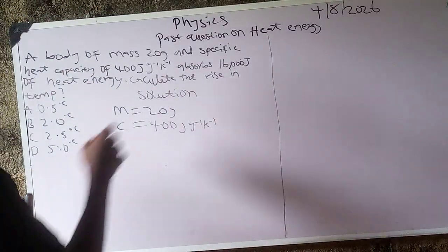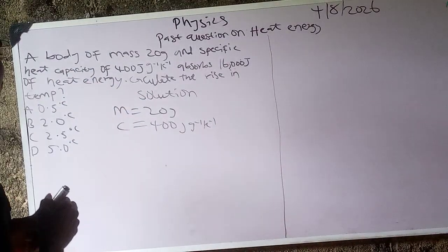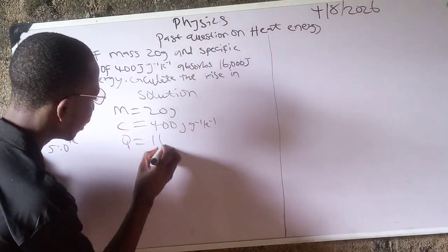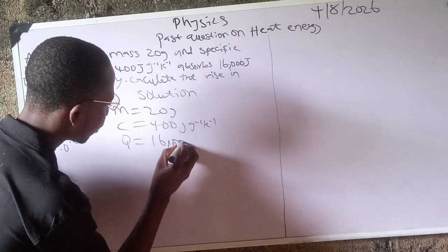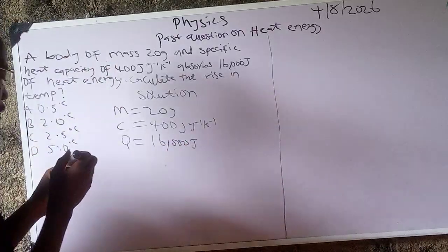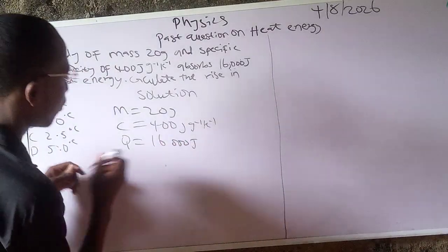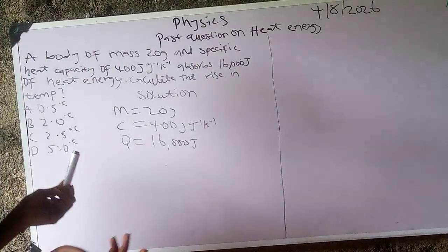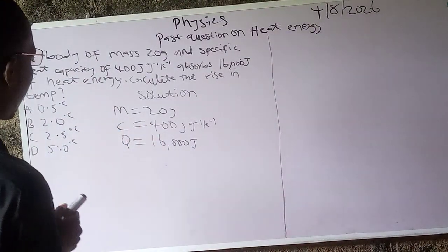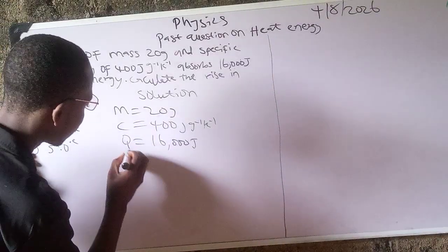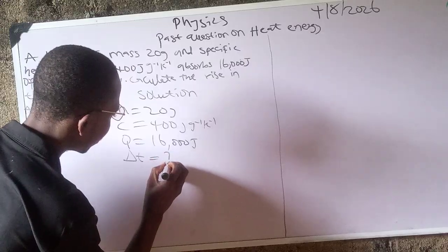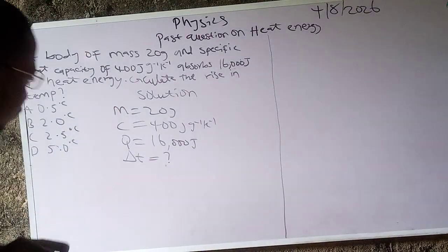Now my joule, which is my heat energy, which I will represent as Q, is 16,000 joules. Now they ask me to find the rise in temperature, which is represented as change in T. That is not given, which is the rise in temperature.